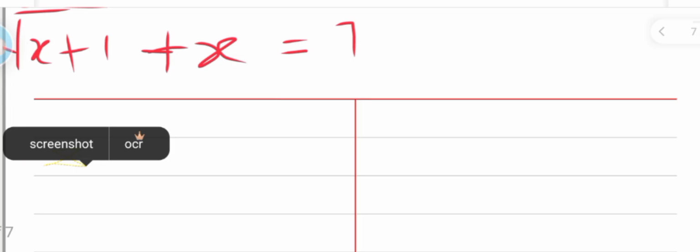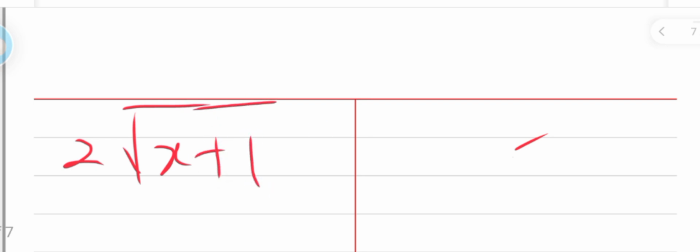Sorry about that. Our question was 2 root x plus 1 plus x, and that should be equal to 7. This was our question. If you remember, this was our question.